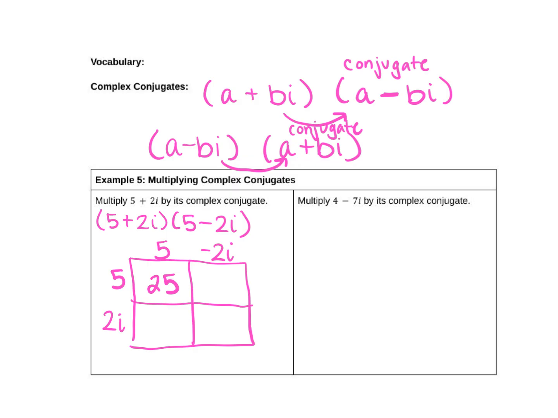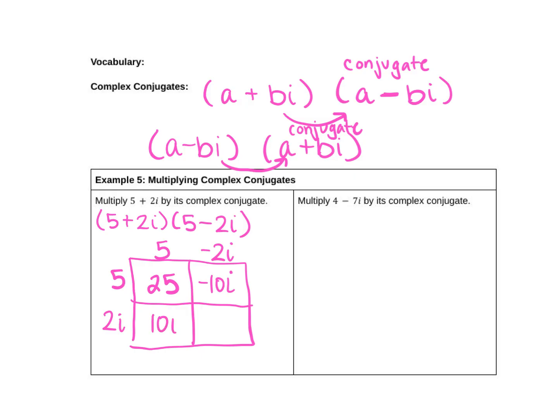What's 5 times 5? 25. 5 times negative 2i. What's 5 times negative 2? Negative 10i. What about this one? 5i times 2i. What would that be, Jojo? What's 5 times 2? 10i.